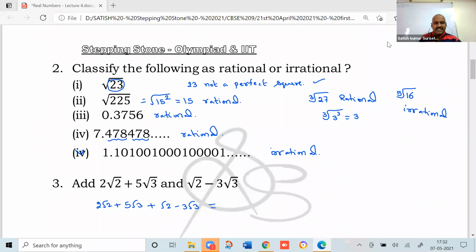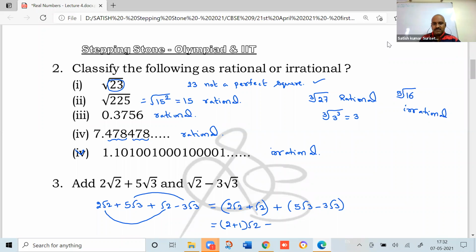You have to group the like surds. 2 root 2 and root 2 are like surds; 5 root 3 and minus 3 root 3 are like surds. So 2 root 2 plus root 2 plus 5 root 3 minus 3 root 3. Root 2 is the common radical, so (2 plus 1) root 2 plus (5 minus 3) root 3. That means 3 root 2 plus 2 root 3.